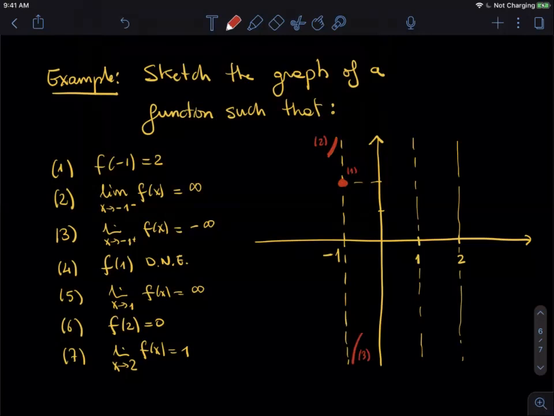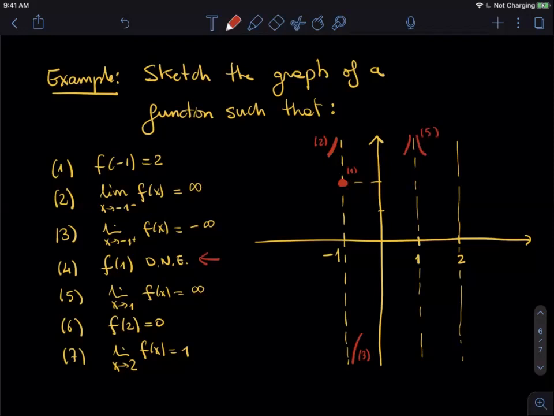So that's condition 3. F of 1 does not exist. So that one we keep it for later. And then the limit as x tends to 1 of f of x is infinity. So that should look like this. That's condition 5.